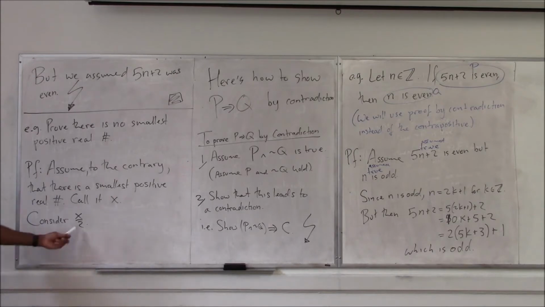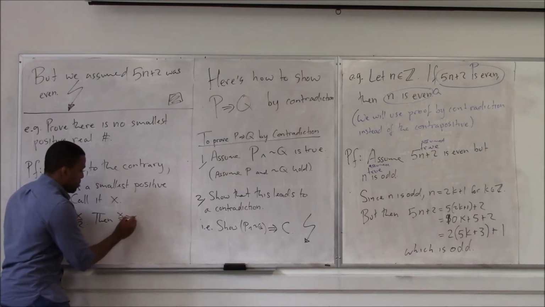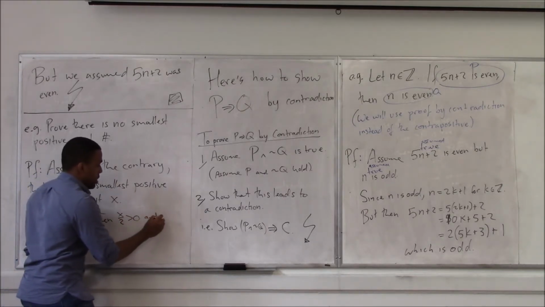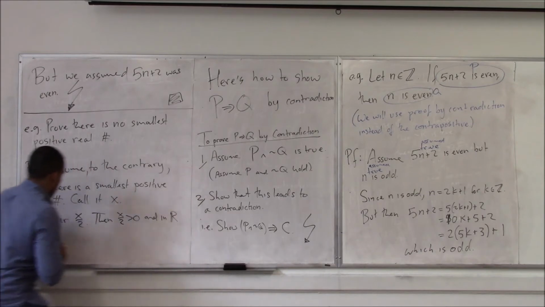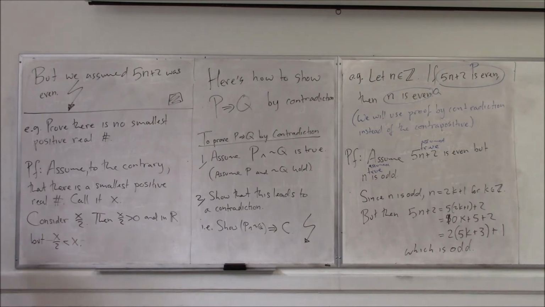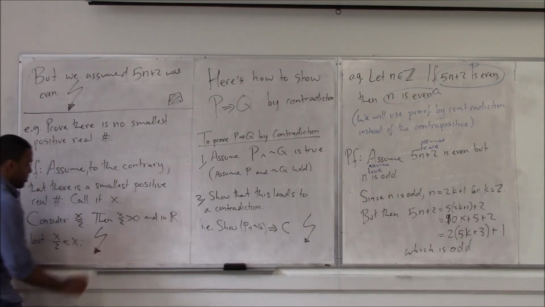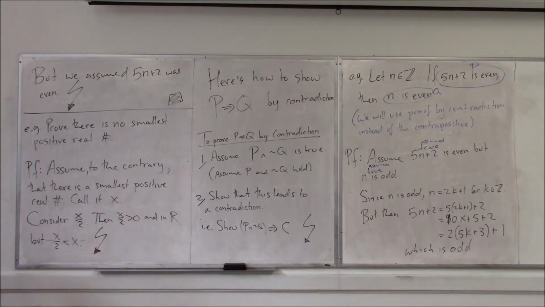Since I divided by a positive real number, it would stay positive. Then, x over 2 is positive and in R, but x over 2 is less than x, which should be the smallest positive real number. Right? So I said, this is the smallest guy, but I found someone smaller.